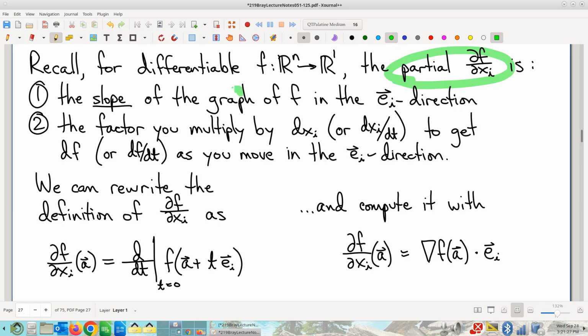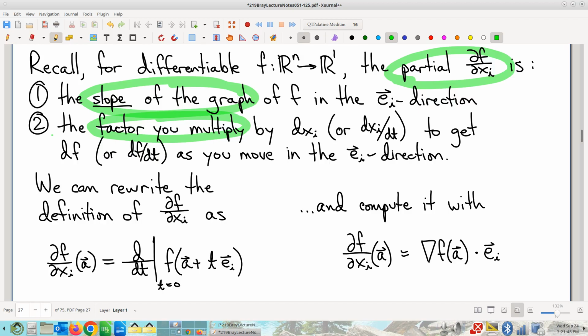Partial derivatives are a slope of a graph. That's nice. Partial derivatives are a multiplicative factor. Now, with some specifics, when I say partial derivative, it's the slope of the graph in which direction? Well, in the direction of the corresponding standard basis vector, right?